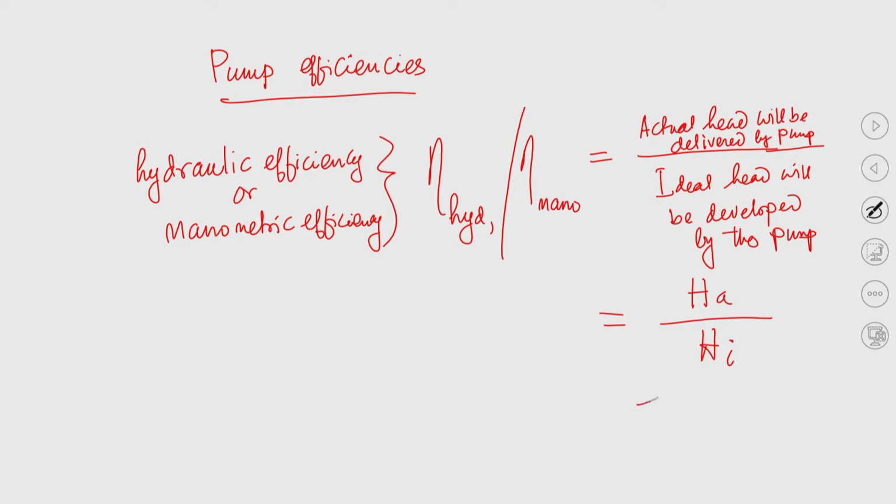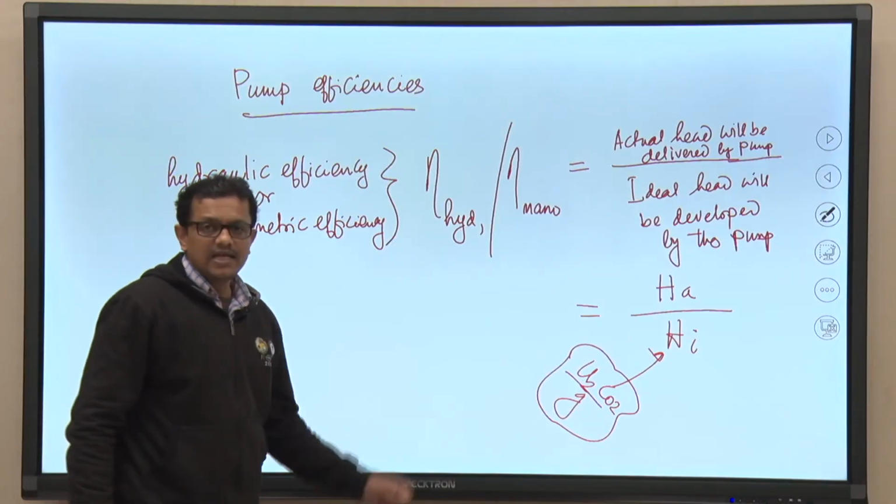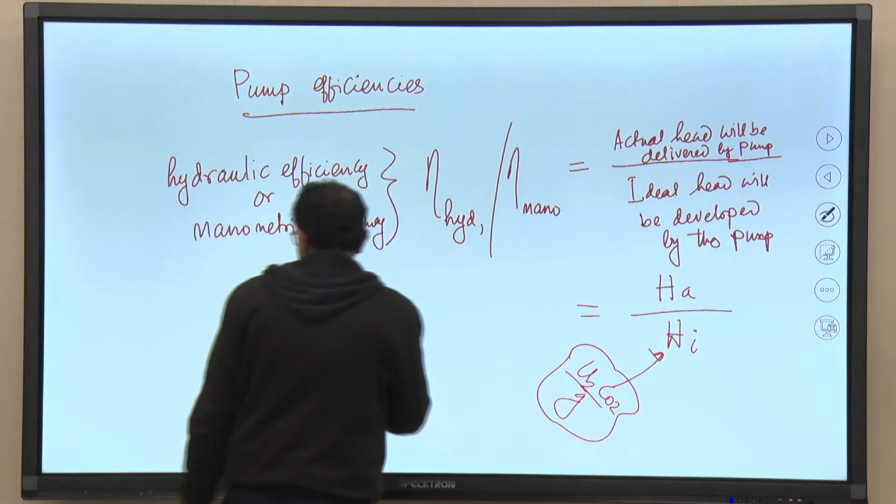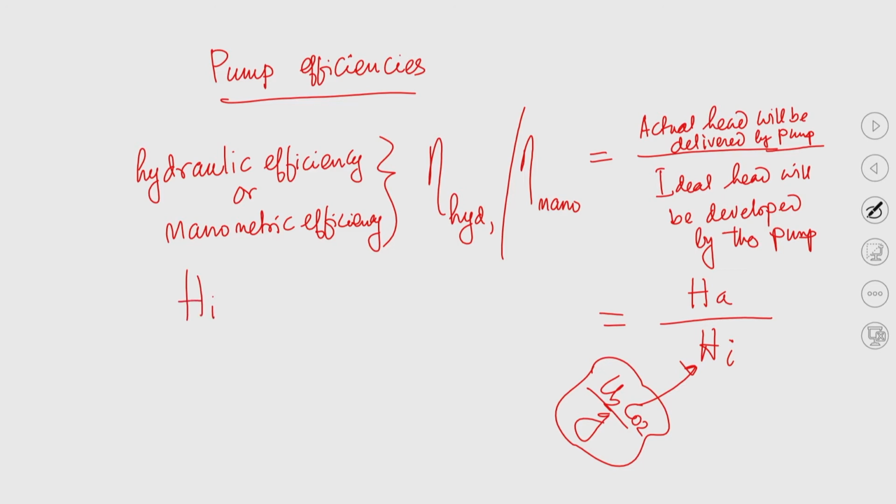See, this ideal head is nothing but u2 c theta 2 by g, right. So, this ideal head is u2 c theta 2 by g if we ignore the inlet swirl. Otherwise, it is equal to u2 c theta 2 minus u1 c theta 1 by g in absence of inlet swirl, then we can write this is the quantity, right.